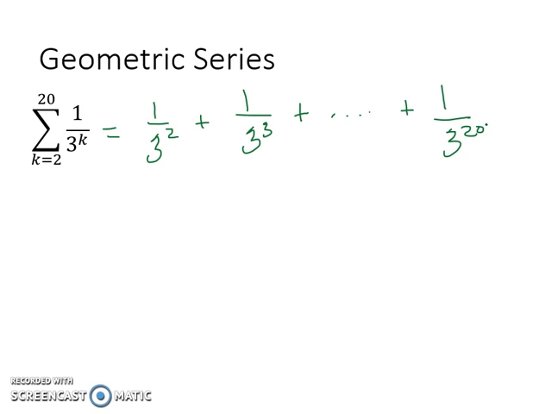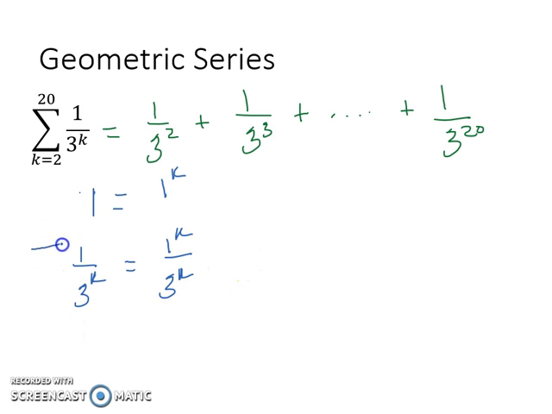But how do we know what our r is? Our r is just, if you think about it, 1 to the k is 1. No matter what power we take 1 to, it's always going to be 1. So our 1 over 3 to the k is the same as 1 to the k over 3 to the k.